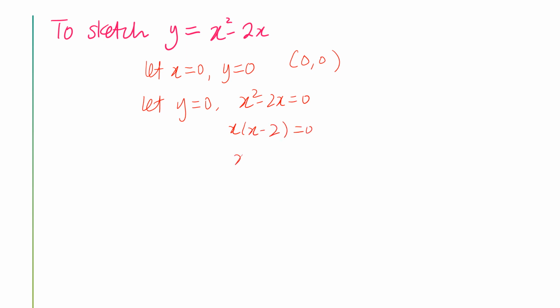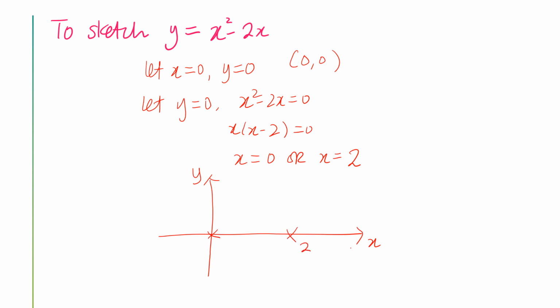So the x-intercept is x equals 0 or x equals 2. So this is a U-shaped curve as we said earlier. I have one point here, and I have another point here. If it's a U-shaped curve, it will go this way. I don't have to find the minimum point, as it's not stated in the question. It just asks for a sketch. And this is how we do it.